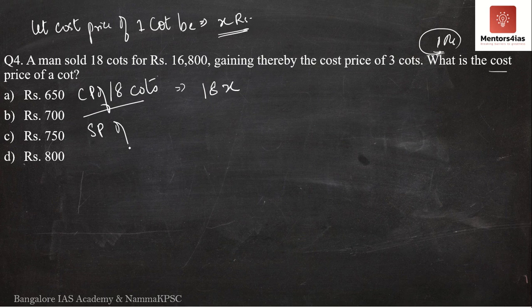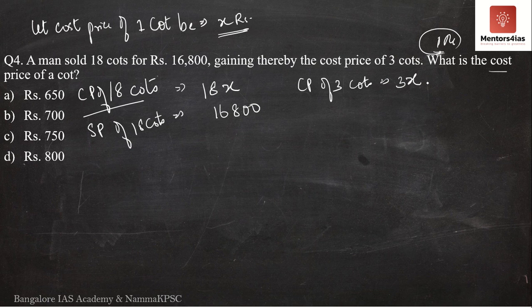What is the selling price of 18 cots? The selling price of 18 cots is 16,800. Now, based on the question, there is a profit. The profit is equal to the cost price of 3 cots. So the cost price of 3 cots is nothing but 3x, correct?